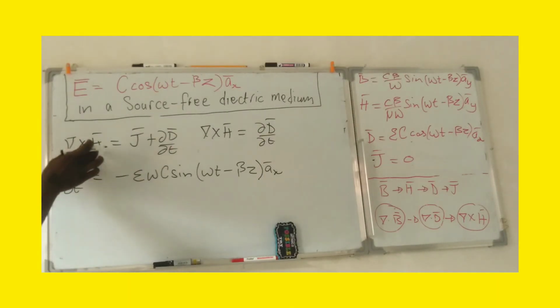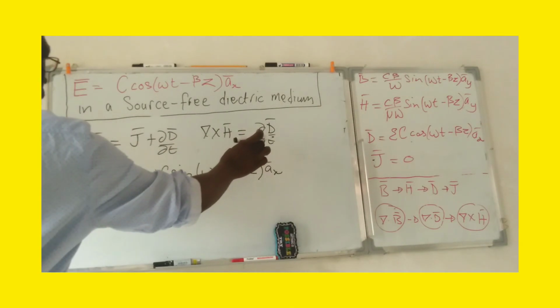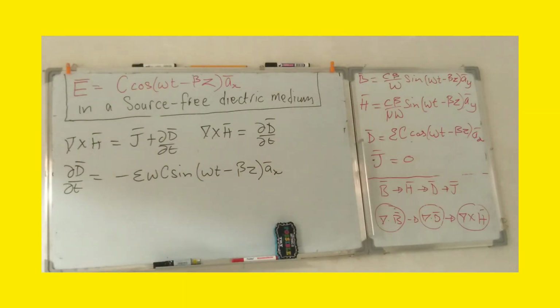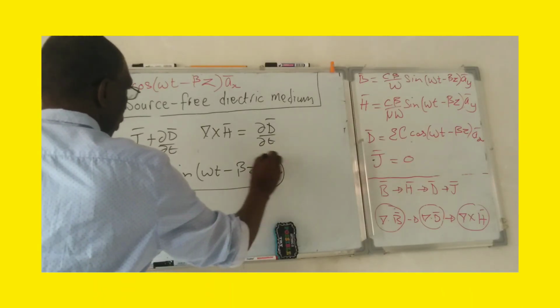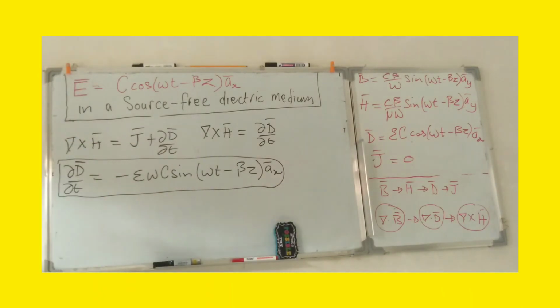Now, what about curl of H? Because remember, this must be equal to that. So let's find curl of H. Let me just put this inside the box. Keep it safe. So curl of H is going to be, where's my curl of H?